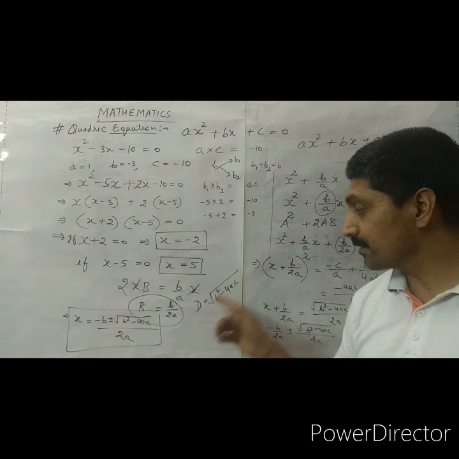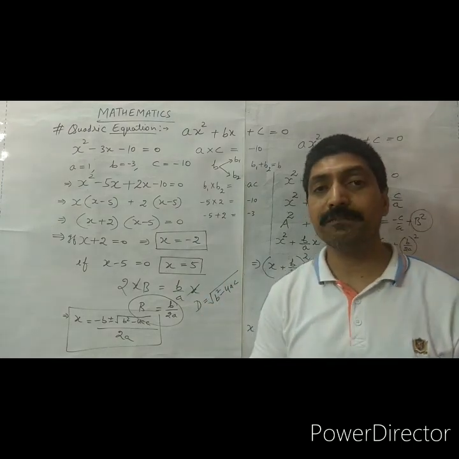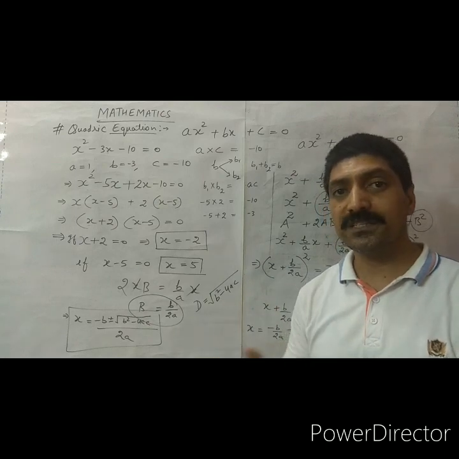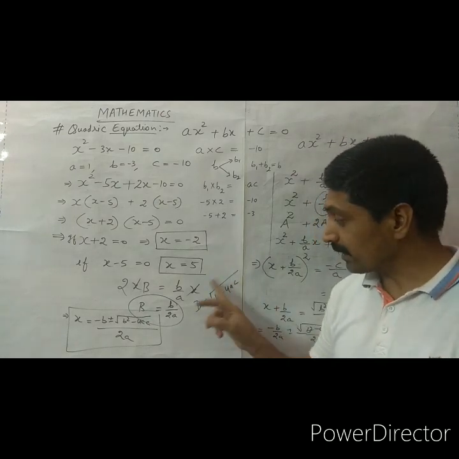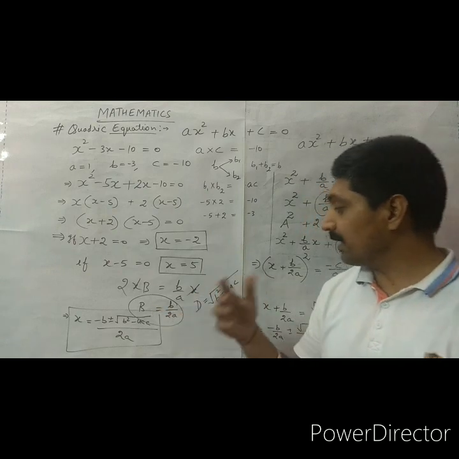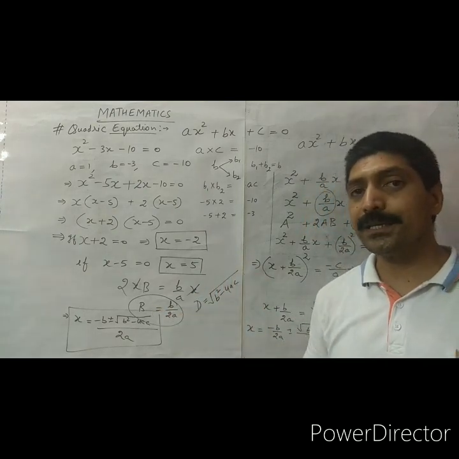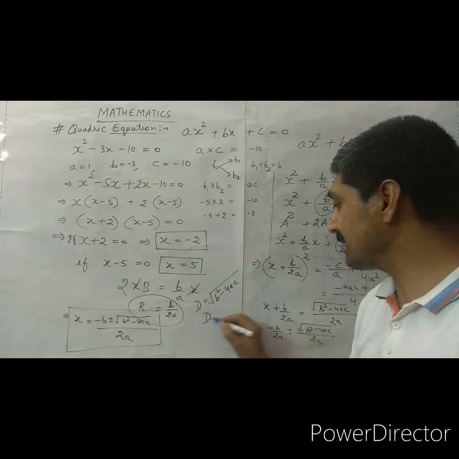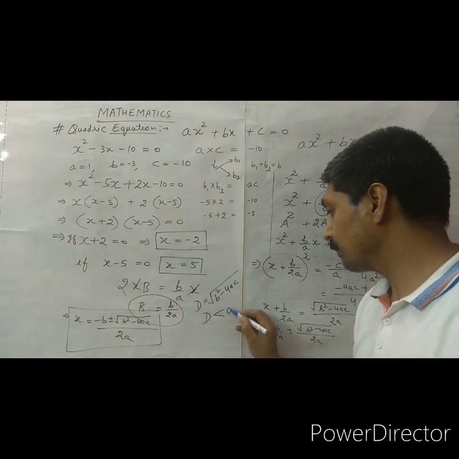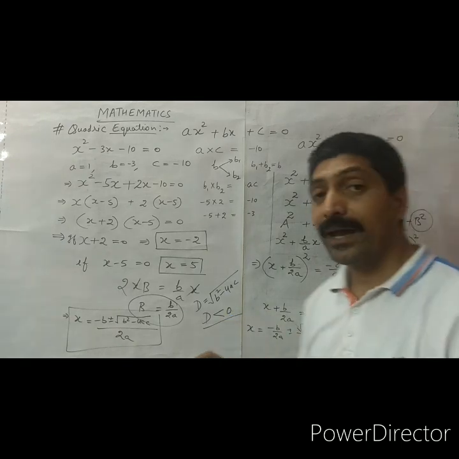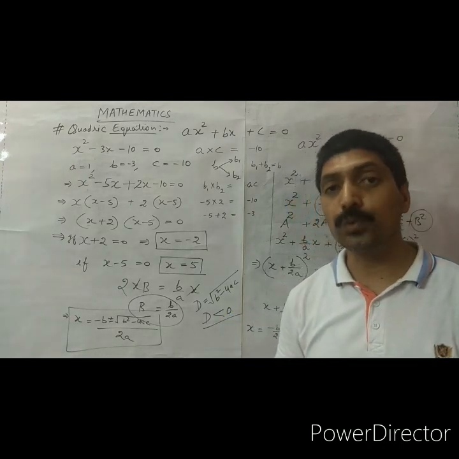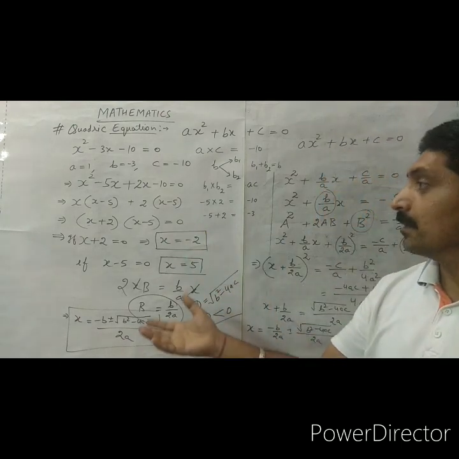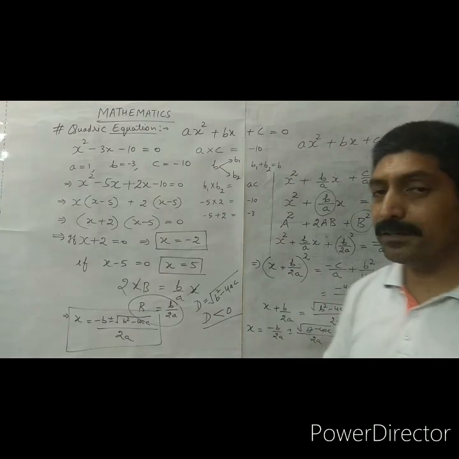If the value of the discriminant is equal to 0, then we have two real and equal roots. And in case the value of the discriminant is less than 0, then we have no real roots. So let's take questions on this completing square method.